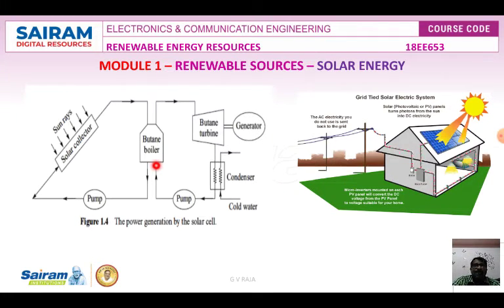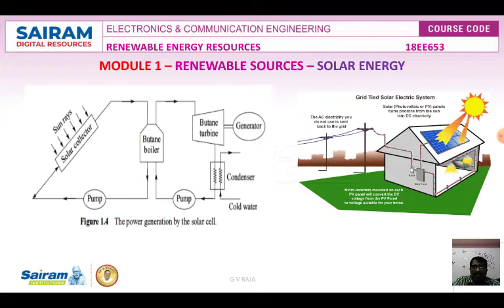The sun rays contain a large amount of energy in the form of electromagnetic radiation. Due to the continuous nuclear reaction taking place in the sun, the energy is released at the rate of 3.7 into 10 power 20 megawatts. This heat energy contained in the sun rays can be utilized to generate electric power.